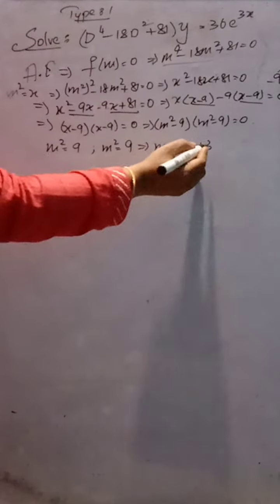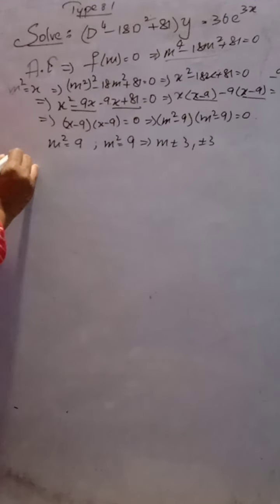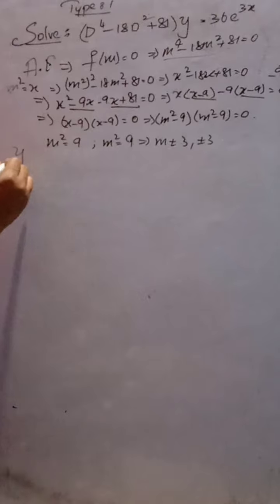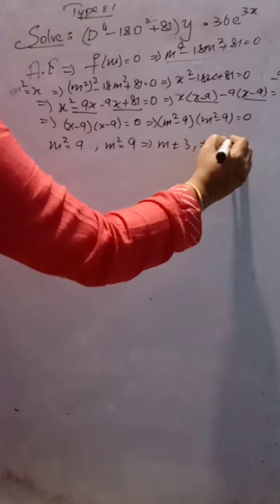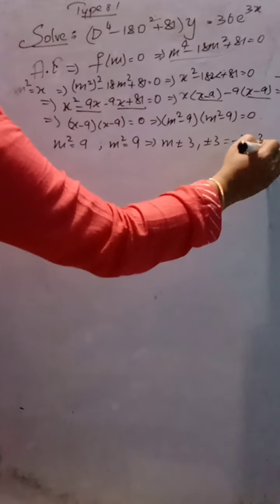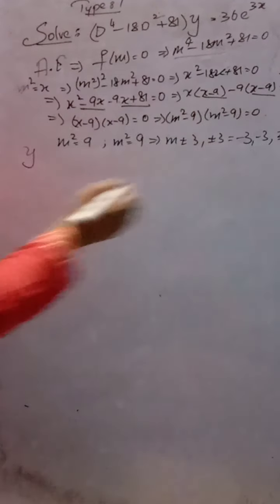Understood? Now that we got the m values, what is yc? The complementary function yc, we have to write it like this, otherwise you get confused. Let me split it and write: minus 3 twice and plus 3 twice.